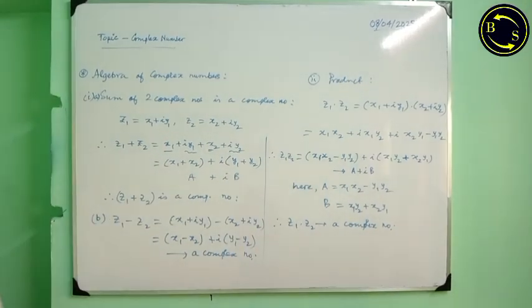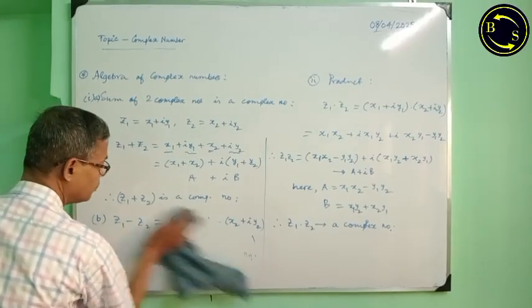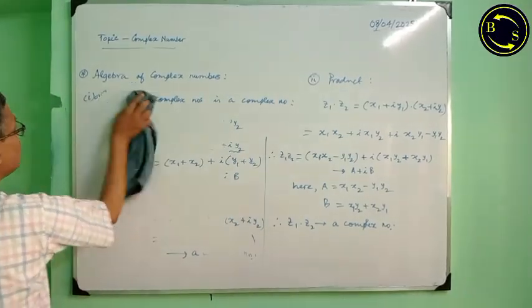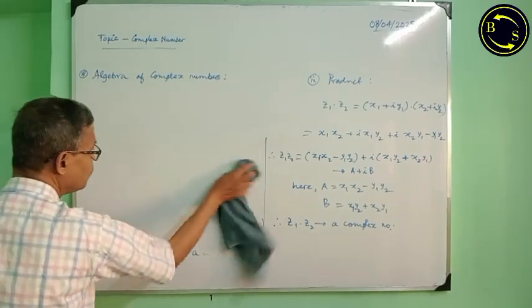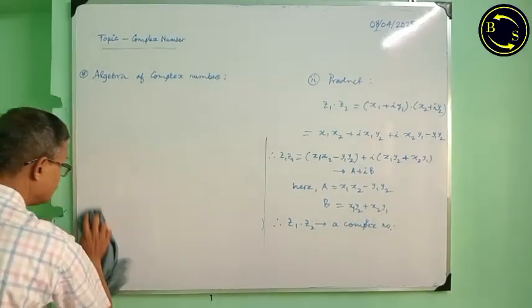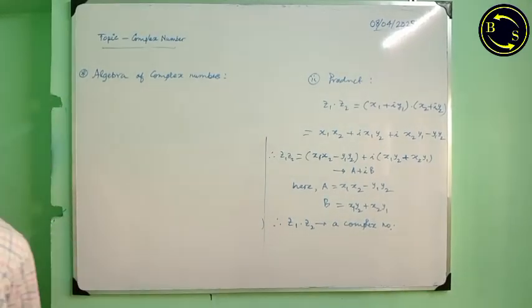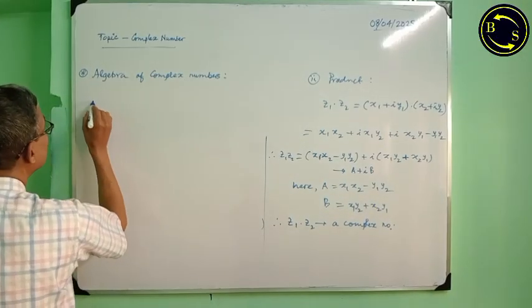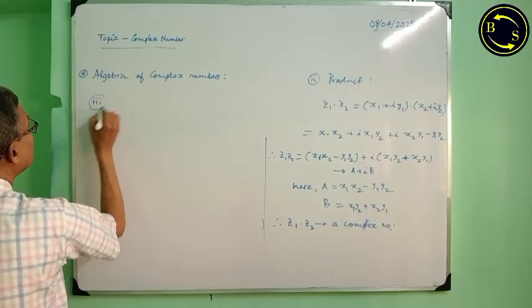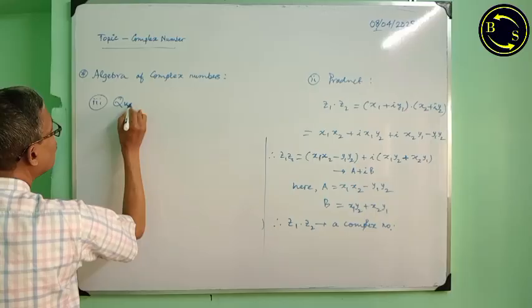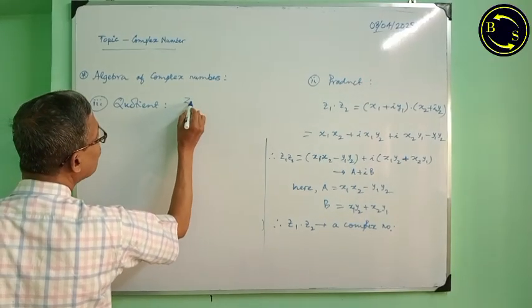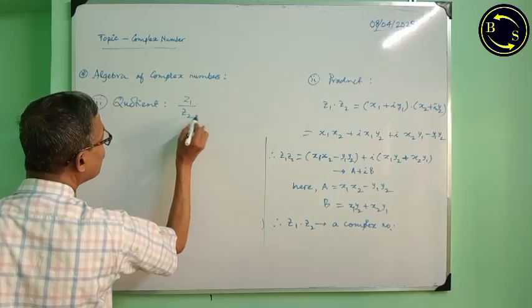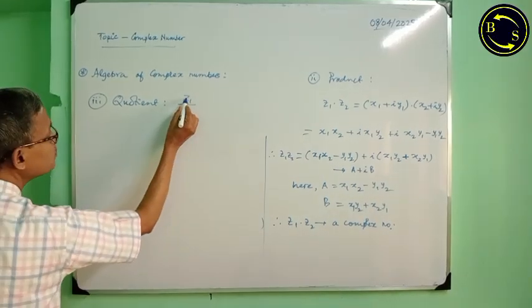Next, quotient. If we divide Z1 by Z2, we calculate.